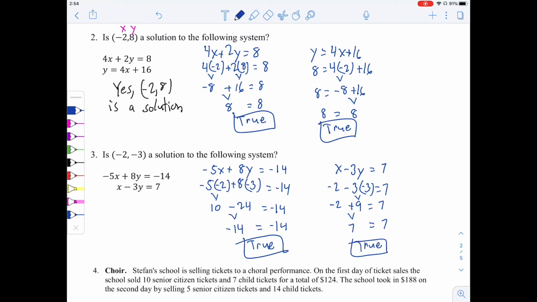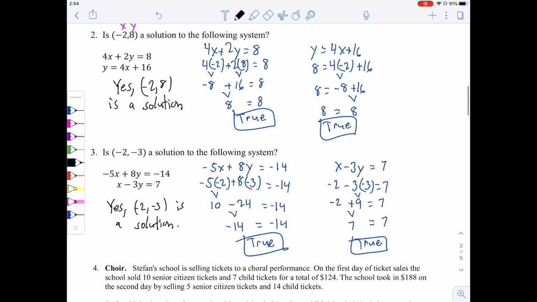So that means yes, negative 2, negative 3 is a solution. Okay, so given a point, is it a solution? You substitute it into both equations, and they both have to be true in order for it to be a solution.